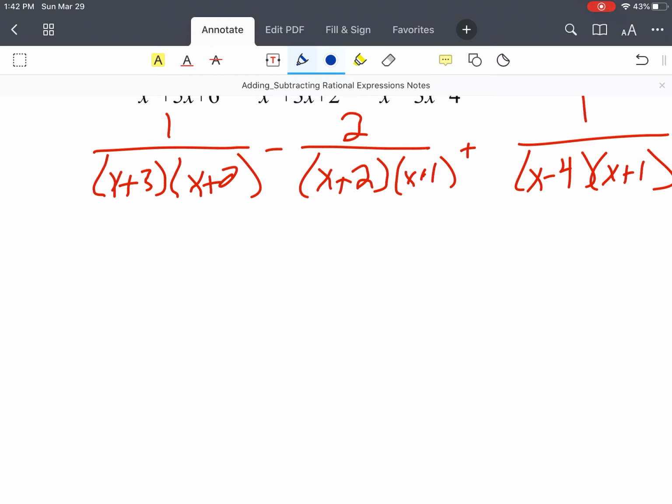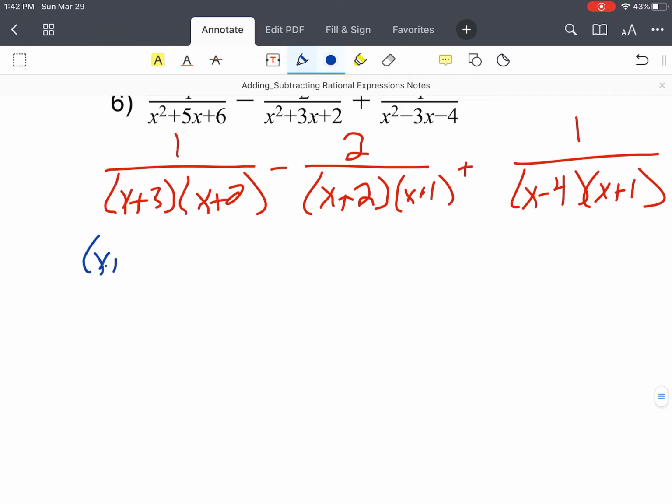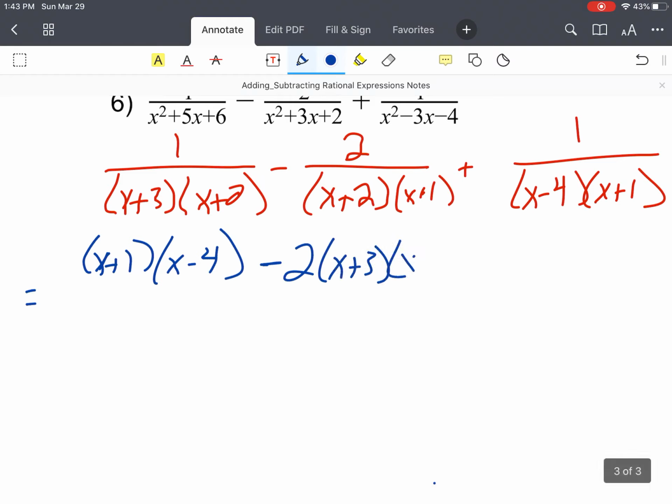So this first one has the x plus 3 and the x plus 2, but it's going to need an x plus 1 and an x minus 4. So this is going to be x plus 1 times x minus 4. This second one is going to need an x plus 3 that it doesn't have on bottom, and it's going to need the x minus 4.